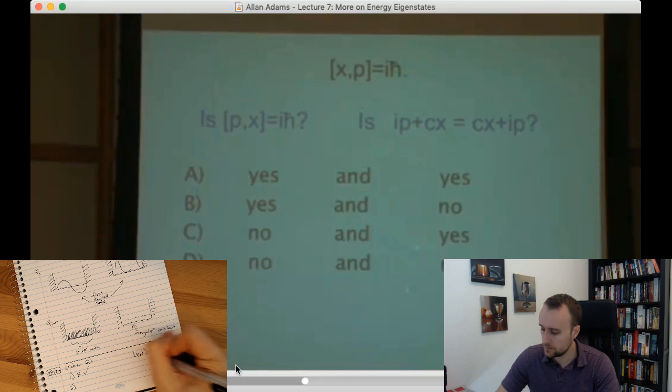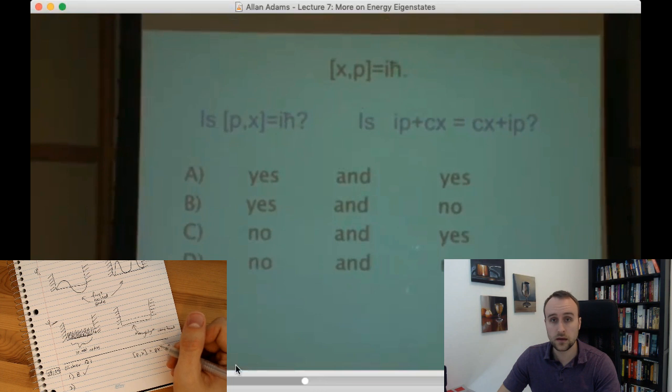This is going to be equal to px minus xp, and we know that xp minus px is equal to iħ. So should it not be negative iħ? No, I think it should be negative iħ. So I'm going to guess no for the first one.